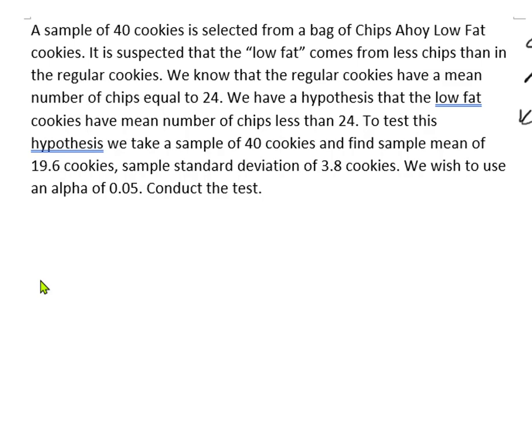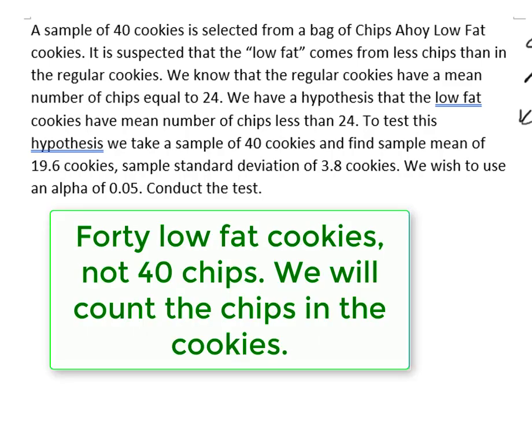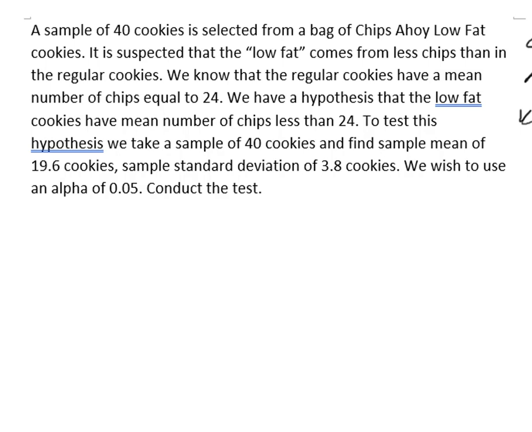We have the hypothesis that the low-fat cookies will have a mean number of chips that's less than 24. To test this hypothesis, we're going to take a sample of 40 cookies and we find the sample mean to be 19.6 chips and the sample standard deviation to be 3.8 chips. And we wish to use an alpha level of 0.05 to conduct this test.